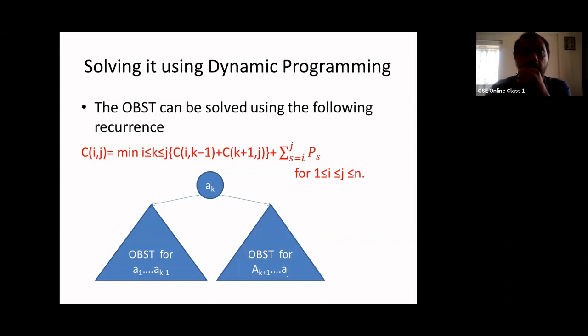So if the key is k, then the keys i to k minus 1 will be on the left hand side, and similarly on the right hand side we will be having k plus 1 to j keys, where i to j are ordered keys.